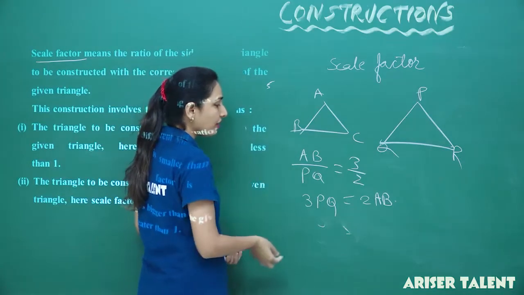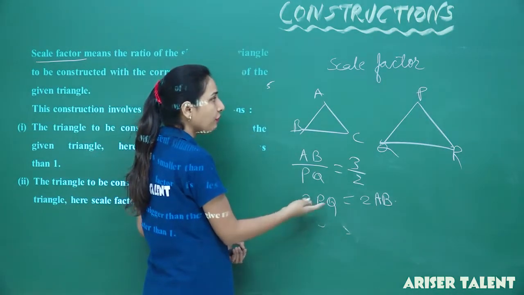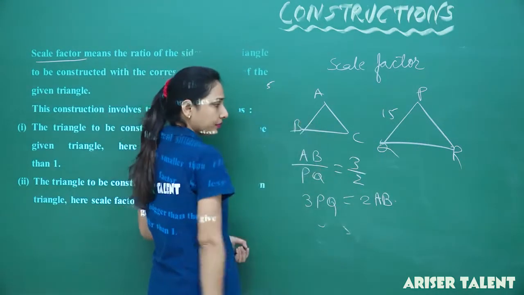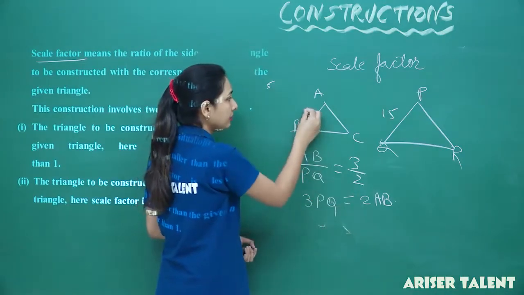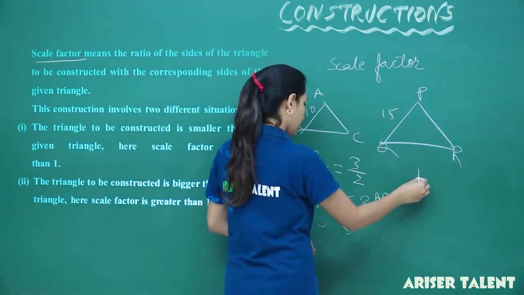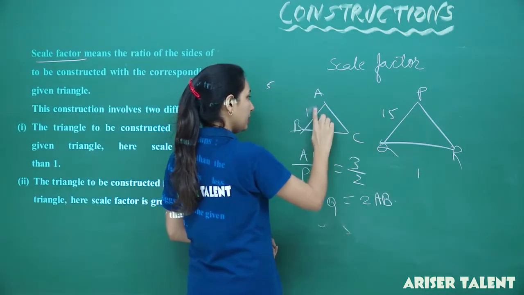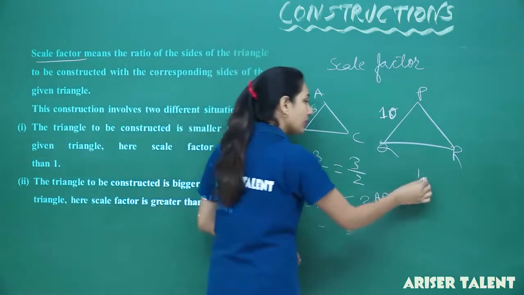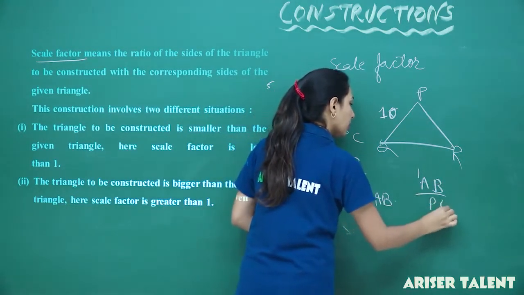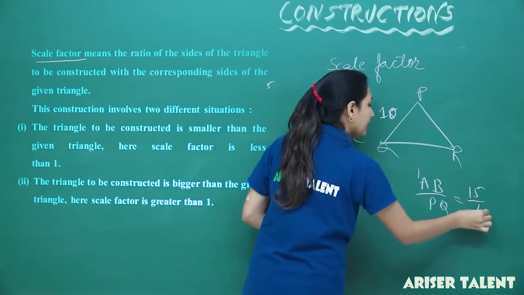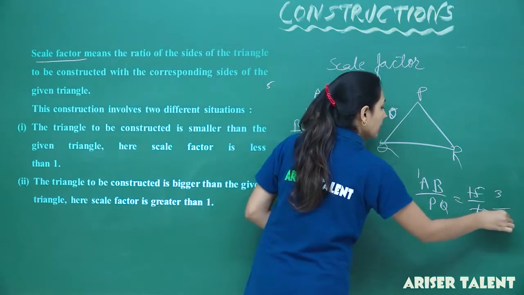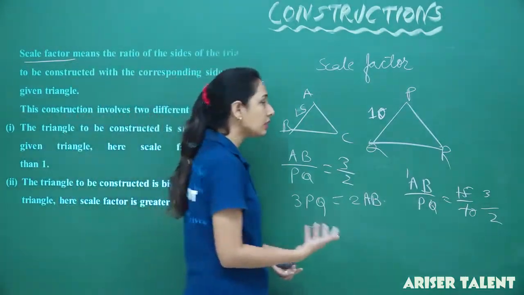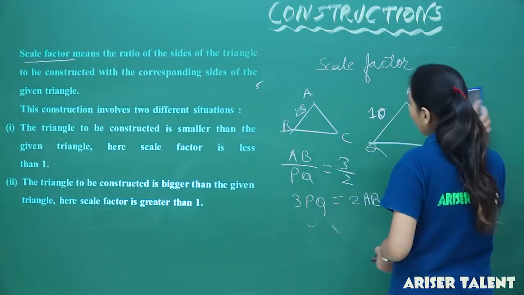Now PQ will be 15, and that will be 10. So the ratio AB by BQ will be 15 by 10, and that's again 3 by 2. So 3 by 2 will be the constant ratio here. This is what we mean by scale factor.